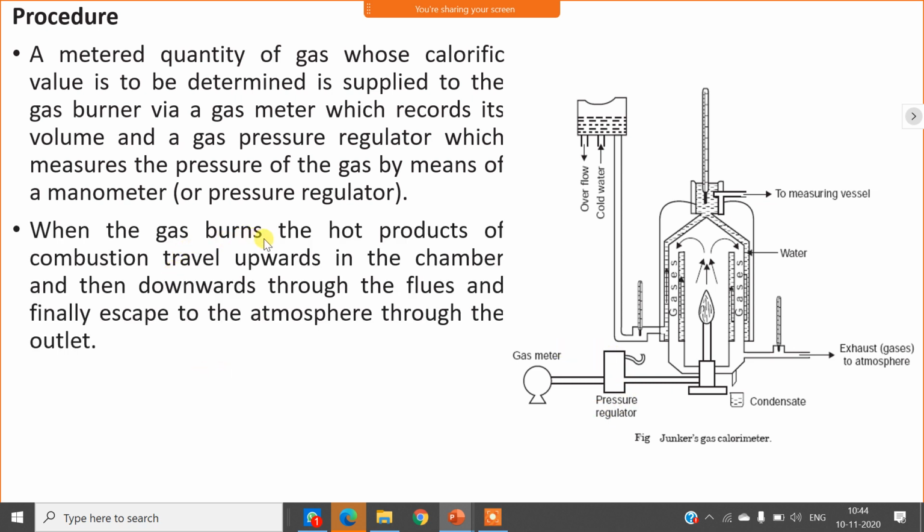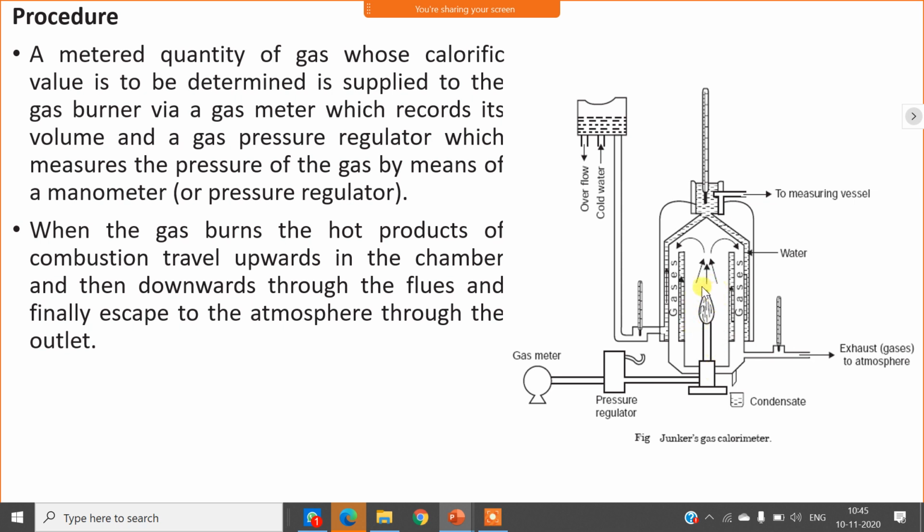When the gas burns, the hot products of combustion travel upward in the calorimeter in the chamber, and then downward through the flues, and finally escape to the atmosphere through the outlet. Look at here.